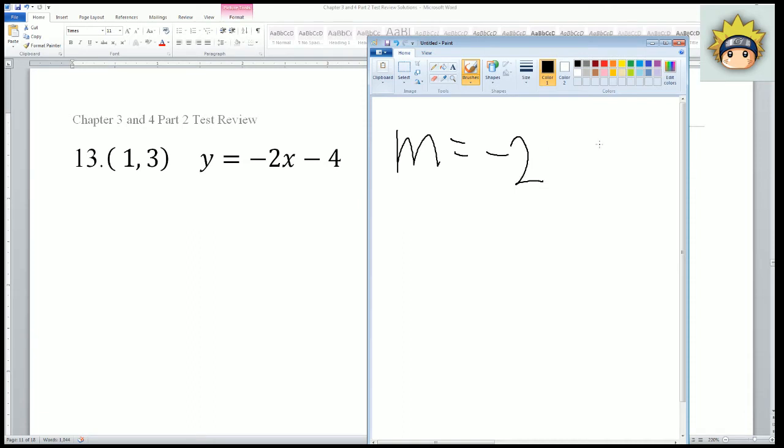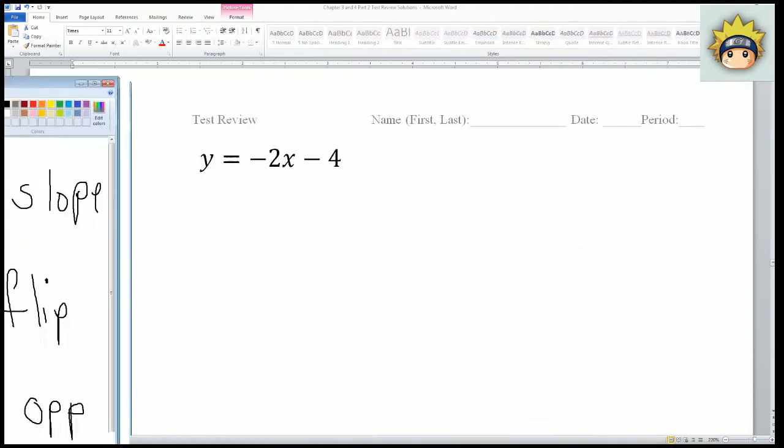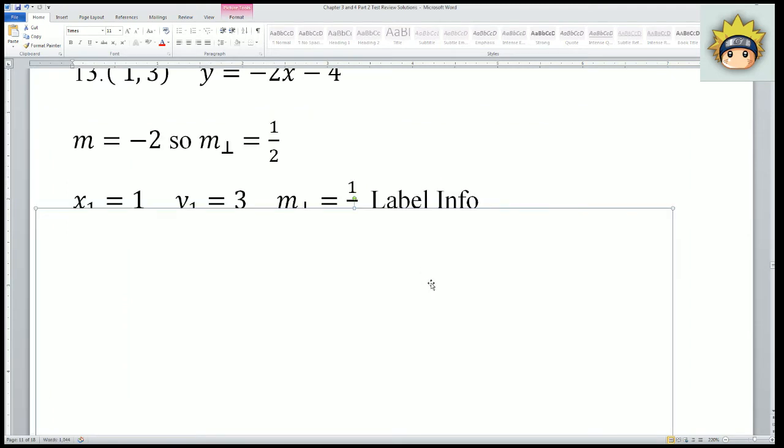I'm going to flip it first. That becomes 1 over negative 2. Now I want to do the opposite of the sign. This is negative, so it's going to become a positive, which is 1 over 2. Good? So the slope here should be 1 over 2.